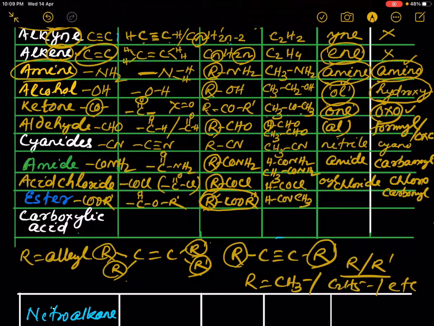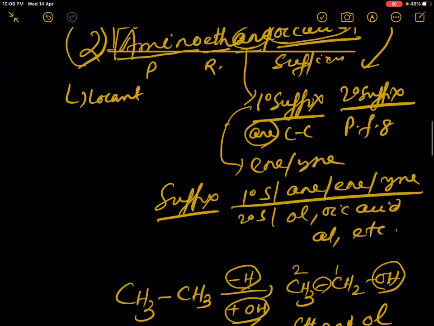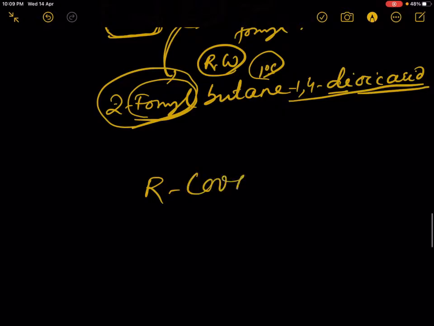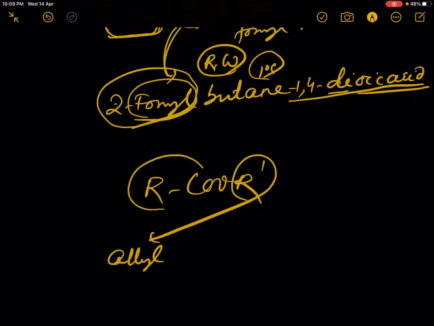Suffix is oate, but this R group is written before root word, alkyl group. You can see R, COOR. This R group is written before root word, alkyl, then root word plus primary suffix, then primary suffix minus e plus oate.